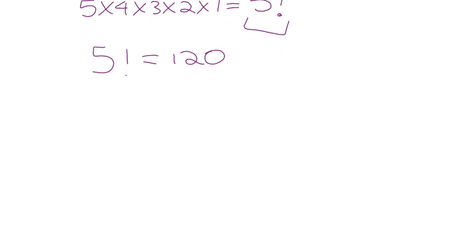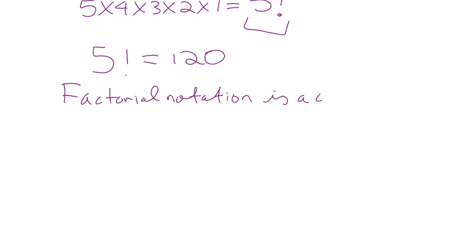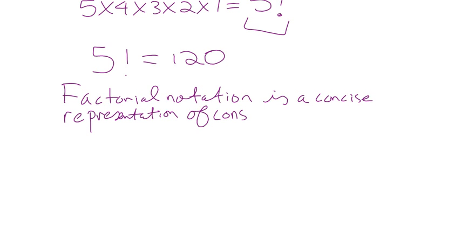All right. Factorial notation is a concise representation of consecutive descending natural numbers.